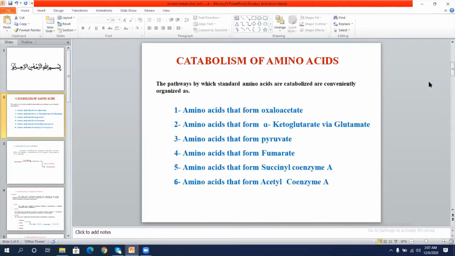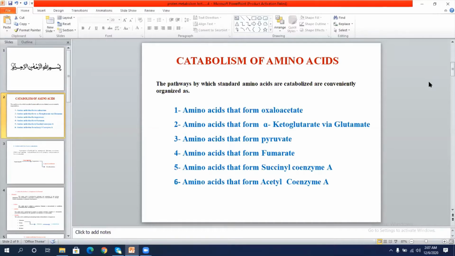Students, the next topic is catabolism of amino acids. The pathways by which standard amino acids are catabolized are conveniently organized into six ways.